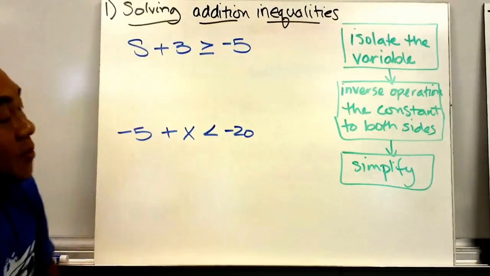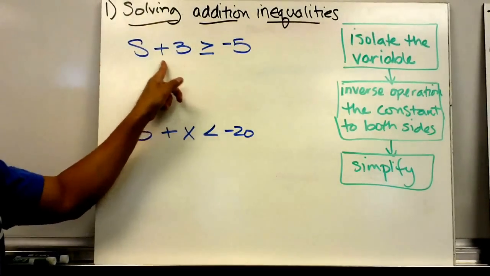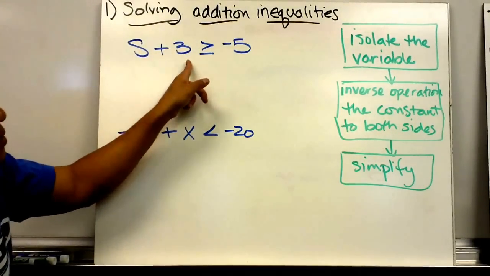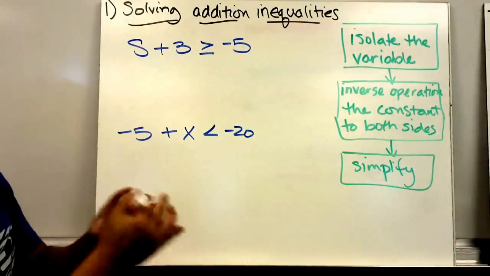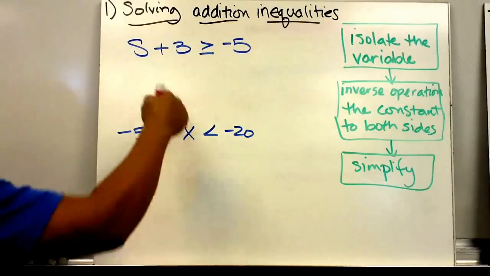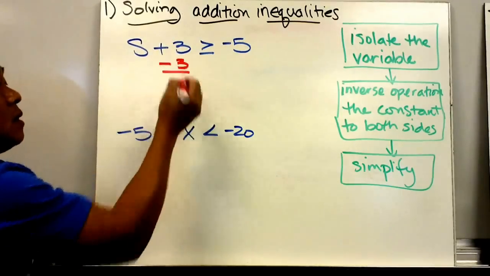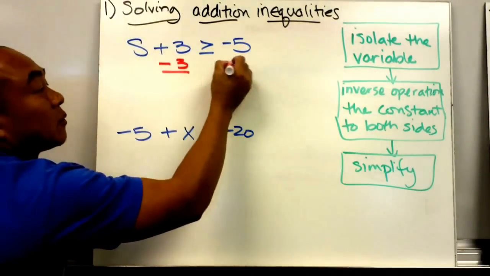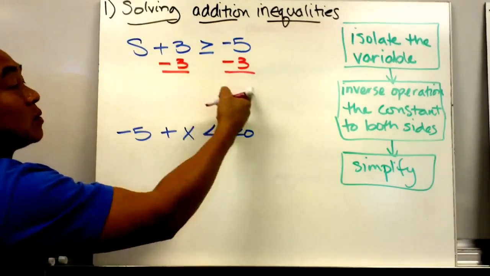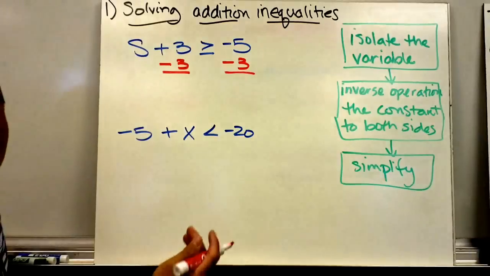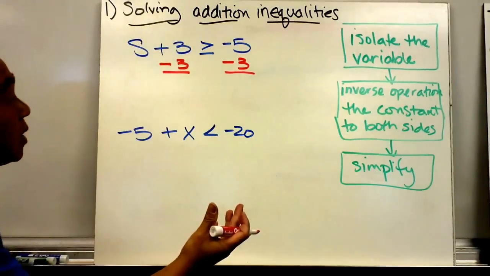We're going to do the inverse operation to the constant, which is the plus 3 in this case, and we're going to do it to both sides. The inverse operation of adding 3 is subtracting 3. If I subtract 3 here, I have to subtract 3 on this side, and that's what it means to have it on both sides. It goes along with the equality property.